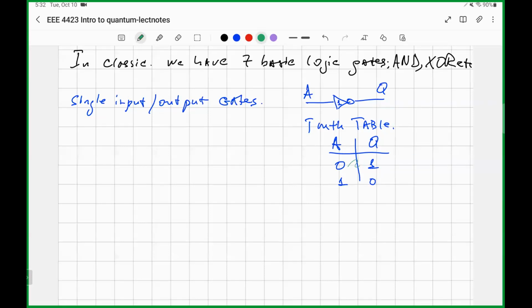In the direct way, it takes 0 and converts it to 1, but if I flip it, it takes 1 and converts it to 0. So NOT is reversible.